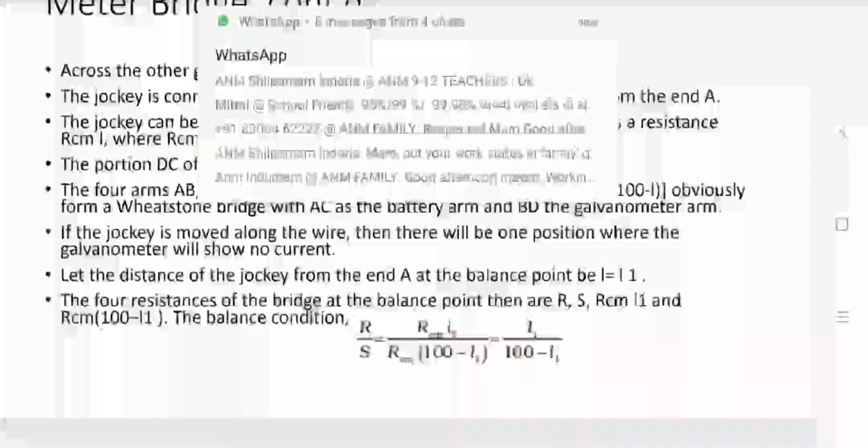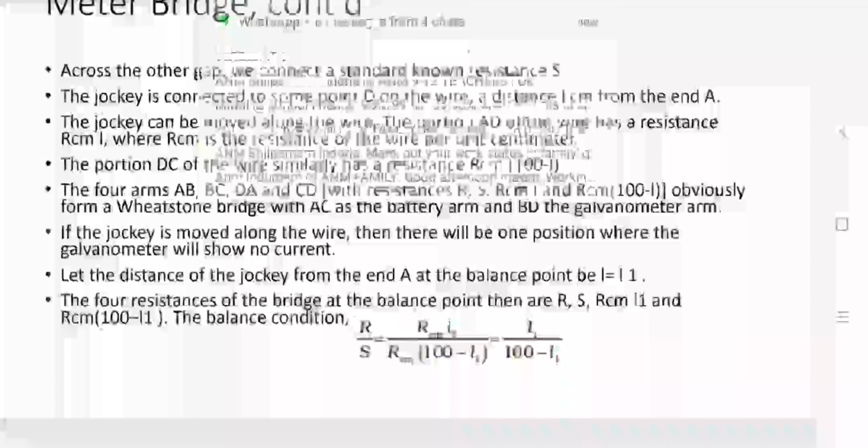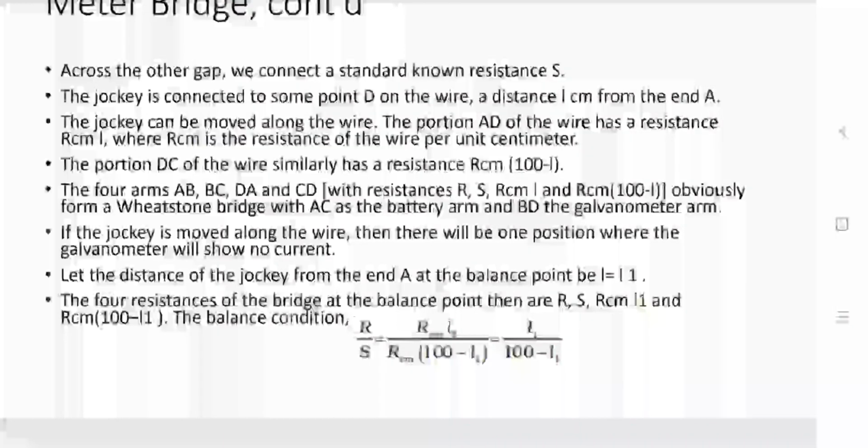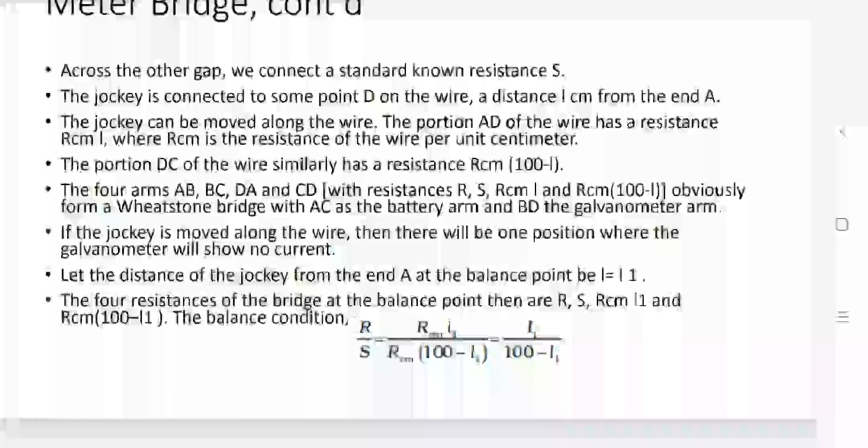While we are moving slightly, at one point we get the galvanometer current Ig as 0. For example, that point is L1 from A. So between A to D, the length is L1, and from D to C, that length becomes 100 minus L1.